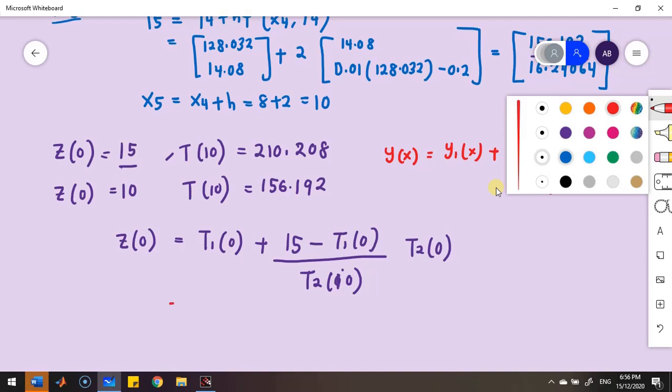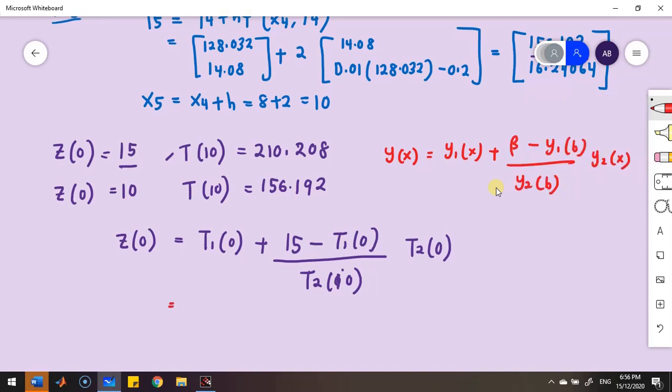Okay, so what is T10? T10 is 10. 10 plus 15 minus 10 over, what is T210? T210, okay, this is at 10. I will say this one, 210. Okay, but we have two values here, right?